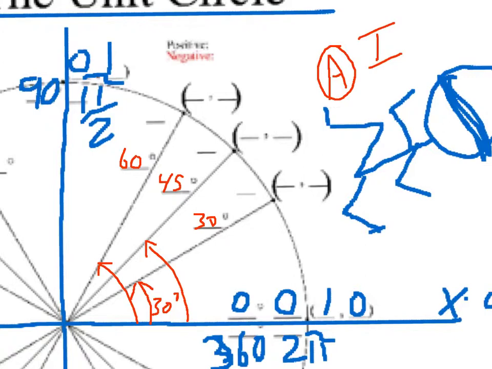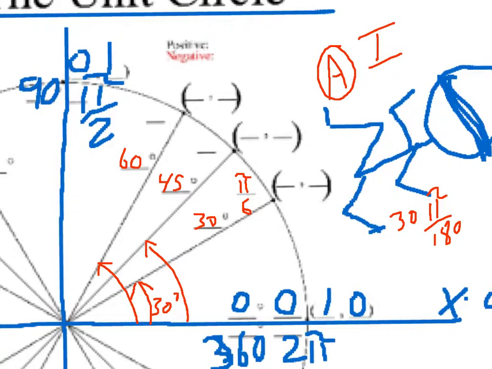If I were to convert my degrees to radians, as we'll learn to do today, what you do is you take 30 degrees and you multiply it by pi over 180. And 30 degrees times pi over 180 becomes pi over 6.